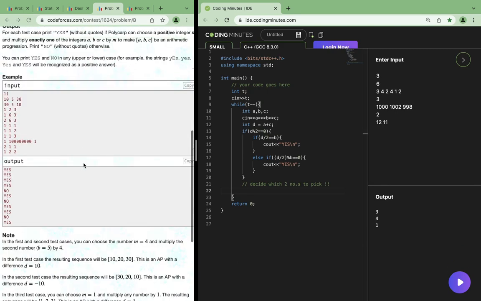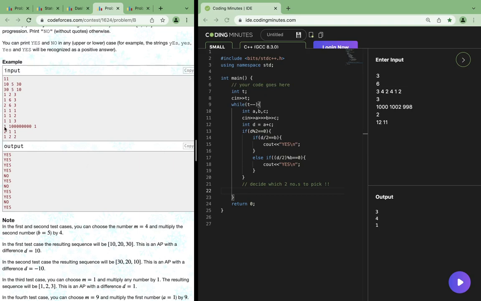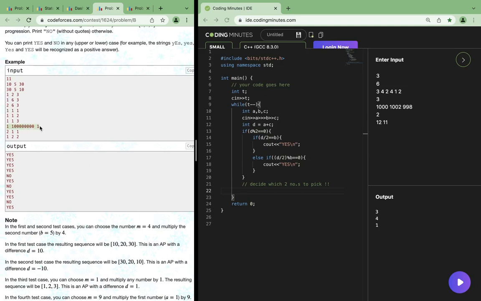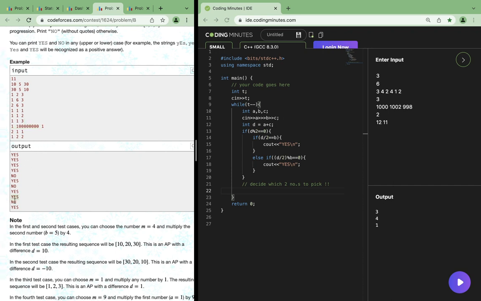It's really confusing. So this number cannot be made into an AP. Why? We can actually multiply this by this number, right? Or two times this number. Can't we? Yes, we can. So this is a yes, this is a no, this is a no.